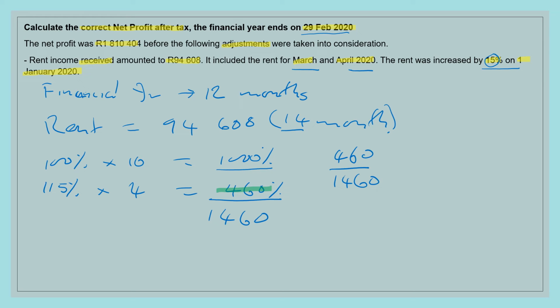That's basically proportioning, if you know proportions, right? Then times the total amount of rent, which is 94,608. That will give you 29,808. So this is rent for 4 months.